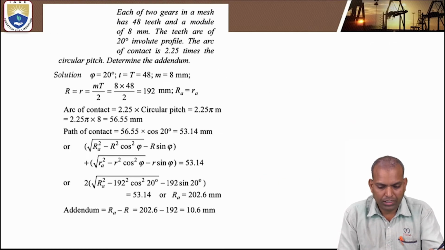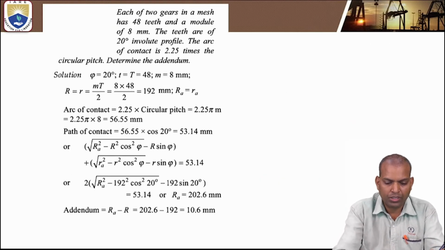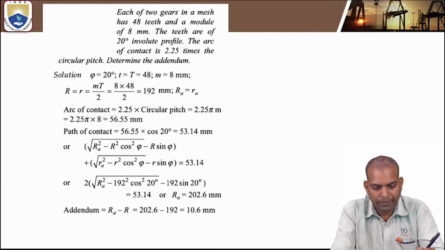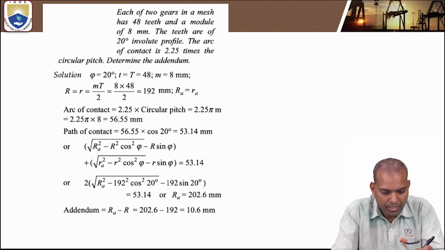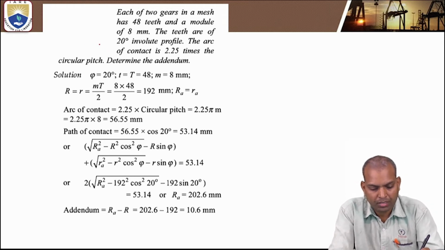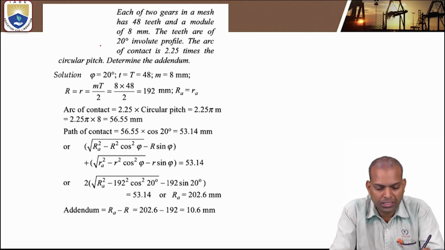Now let us solve a problem to see how to apply path of contact, arc of contact and contact ratio. Each of two gears in mesh has 48 teeth and a module of 8 millimeters. The teeth are of 20 degrees involute profile.